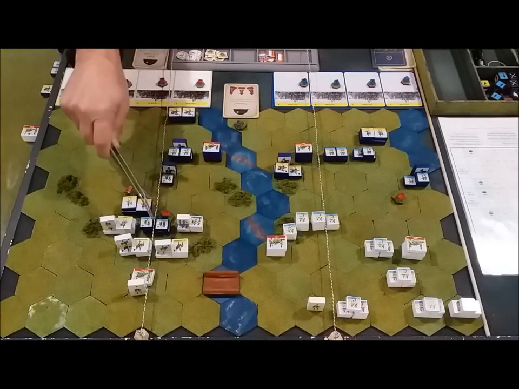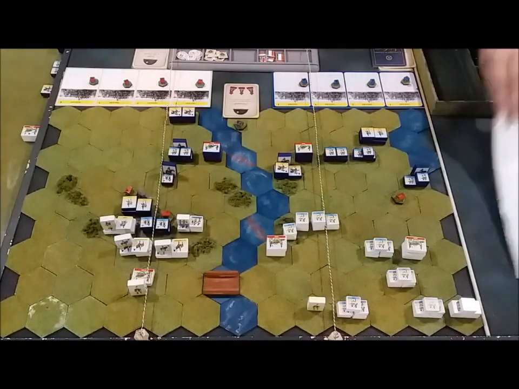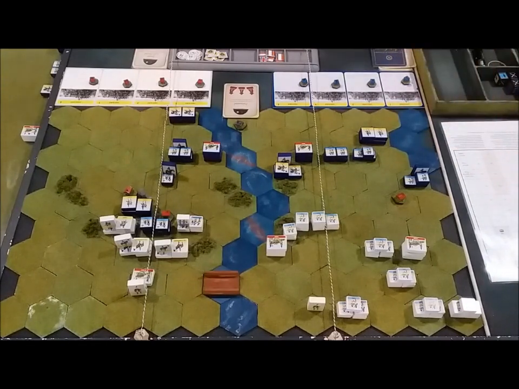So we're going to do the grenadiers first into here. And grenadiers are going to get 1 per block, +1 is 5. Into town, which is -2.